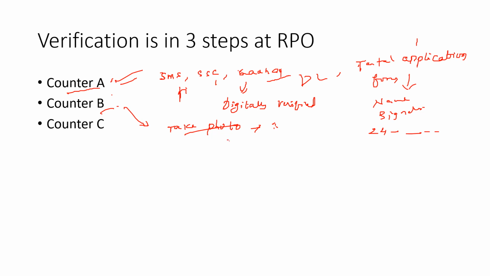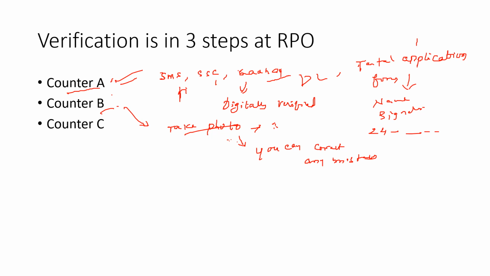Second one is, they will ask some basic questions about your basic details. And there is one more chance here: suppose at the time of filling the application form you made any mistakes, here you can correct them. So there is a chance to correct your mistakes from when you were filling the application form.